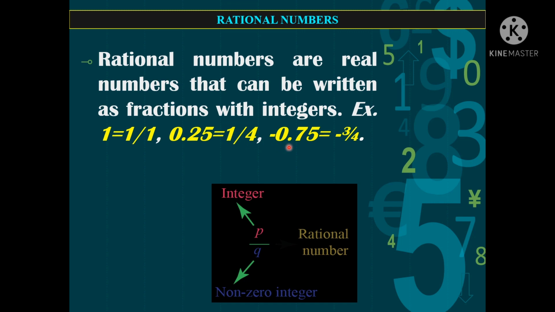Another one, we have negative 0.75. In fraction, that is equal to negative 3/4. Negative 3 is also an integer, and the denominator 4 is a non-zero integer. Therefore, we can consider negative 0.75 a rational number.